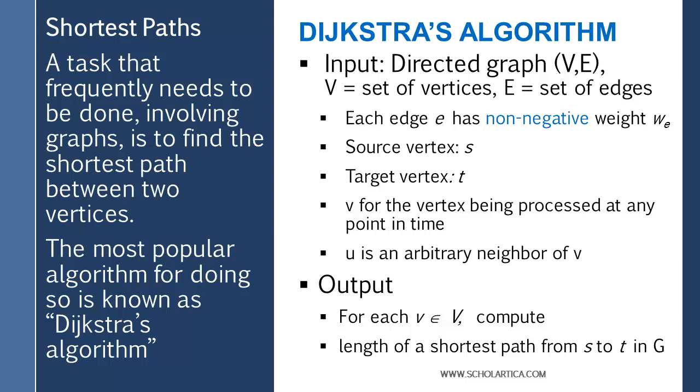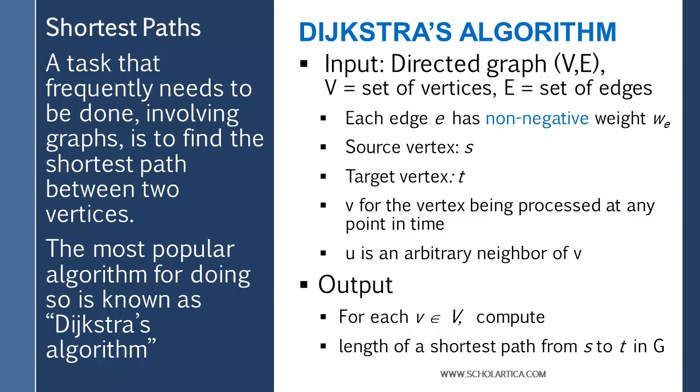The way Dijkstra's algorithm works is by beginning with S, focusing in on S first, and then steadily discovering vertices that are further and further away from S. Okay, so it pretty much radiates out from S.